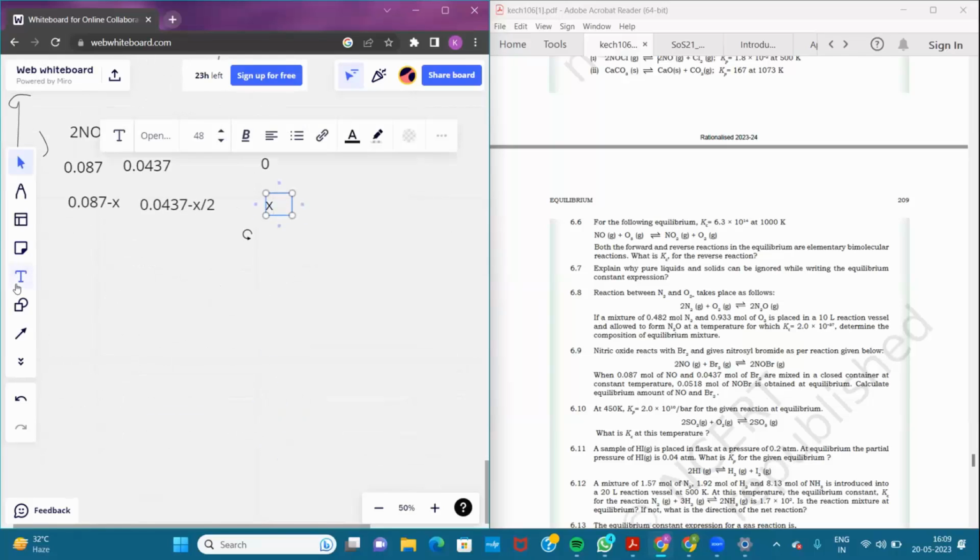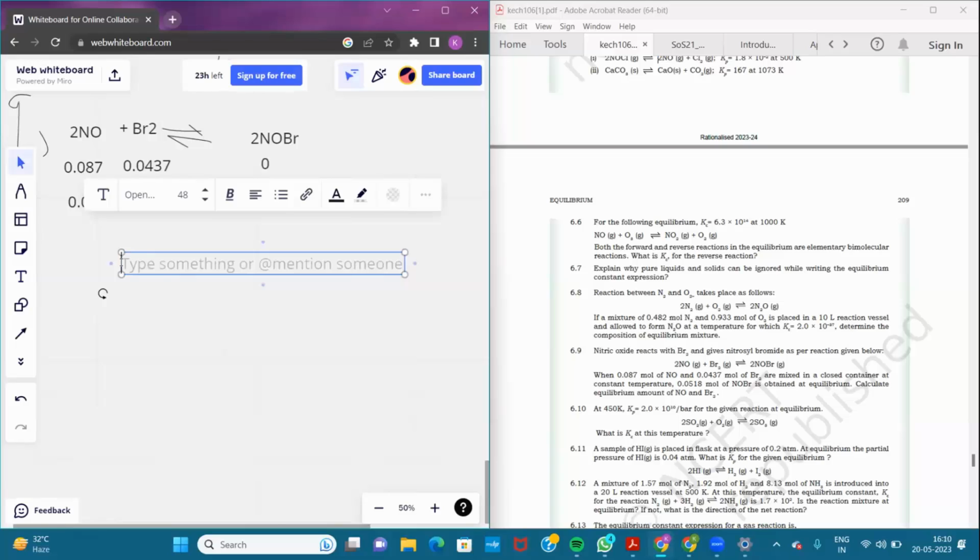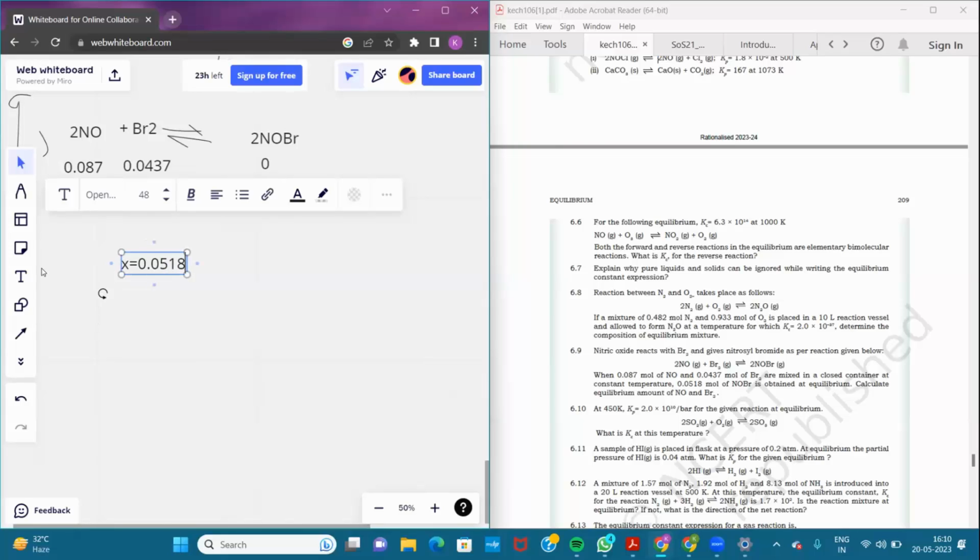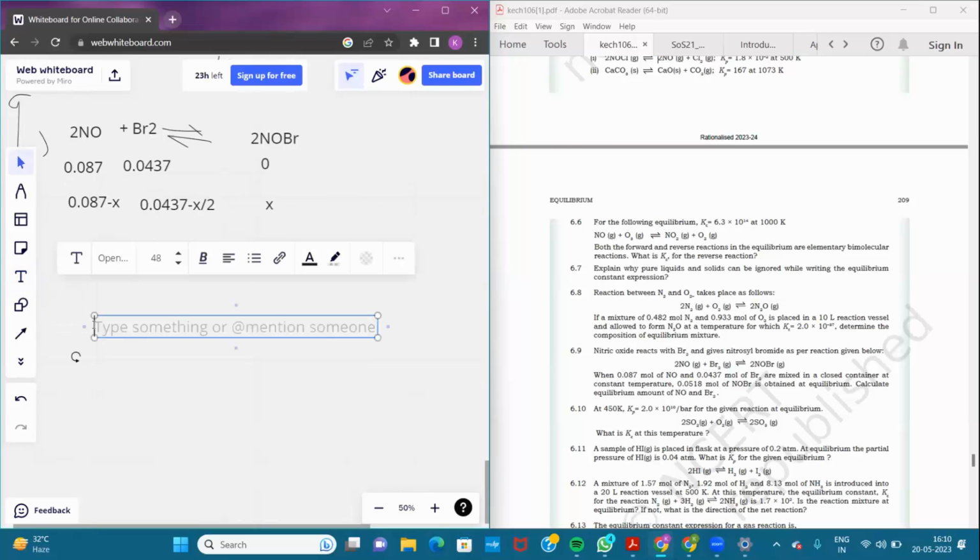As per the given question, x equals 0.0518. So directly we can write the equilibrium amount of NO as 0.087 minus 0.0518 moles.